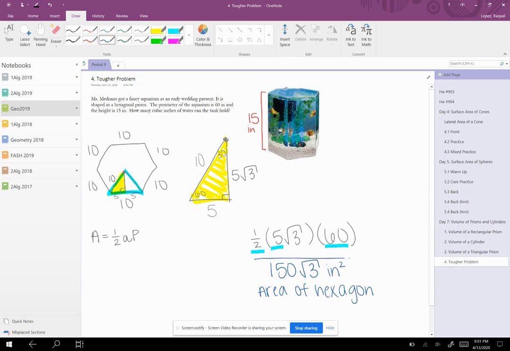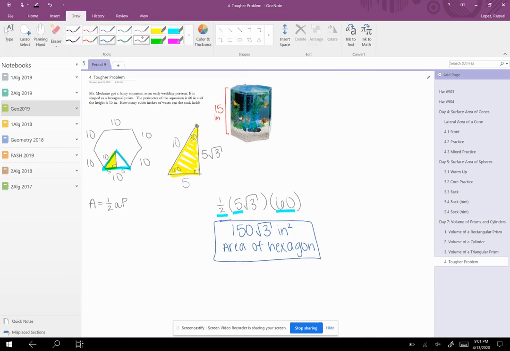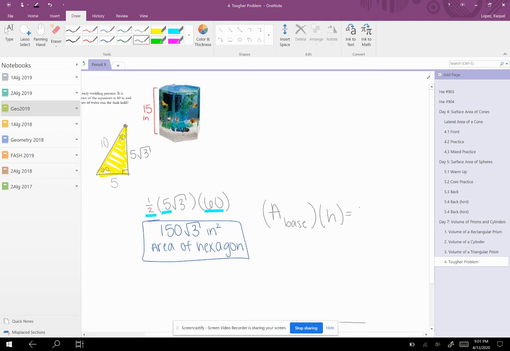Okay. And to find the volume, I need to take that area and multiply it by the height. So area of the base times the height of the shape will give you your volume. Okay, and that's for any prism or cylinder. So area of that hexagonal base is 150 root 3.